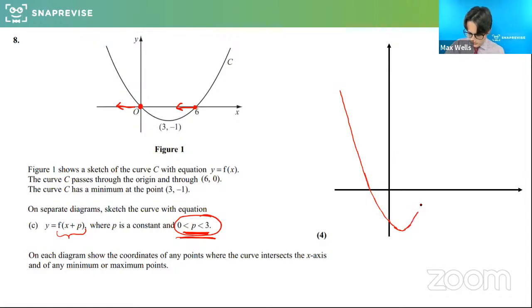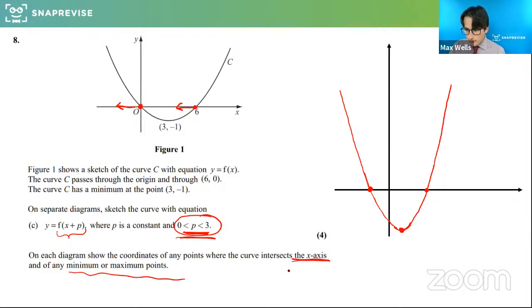And how would I label the actual points with the axes? Like how would I label this, this, and this? Maybe I don't need to worry so much about the y-intercept, but I certainly could label this turning point because it did ask us for any minimums or maximums and where it intersects the x-axis. It didn't actually ask for the y-intercept.